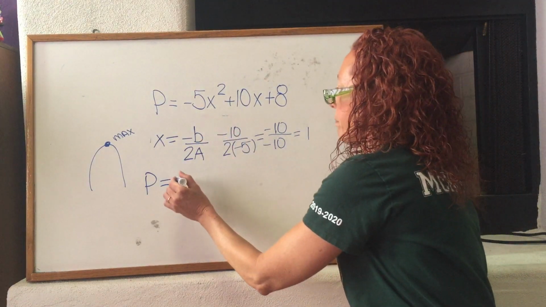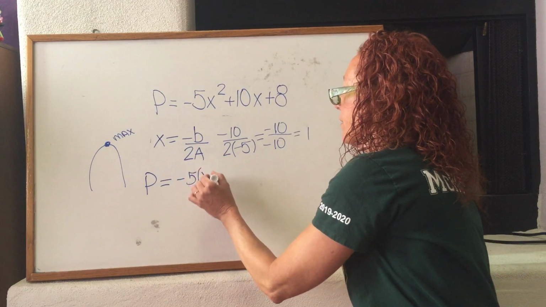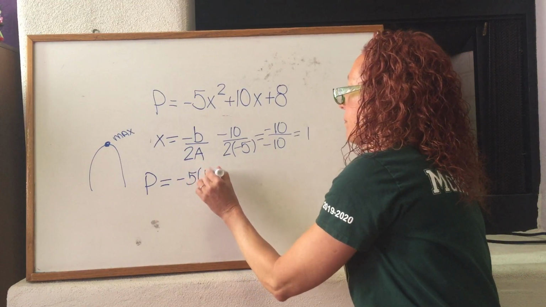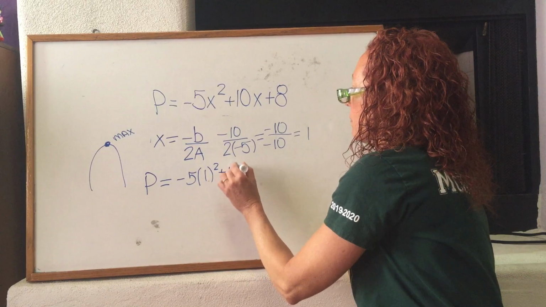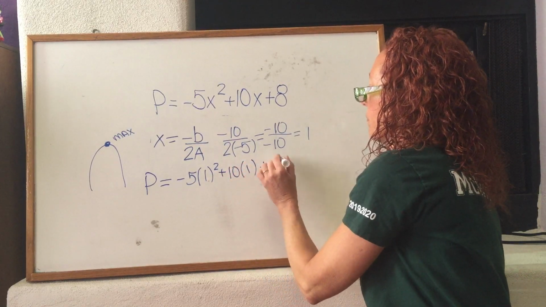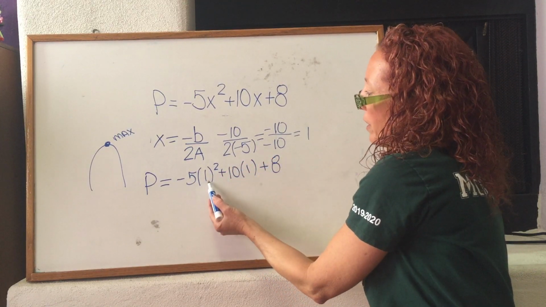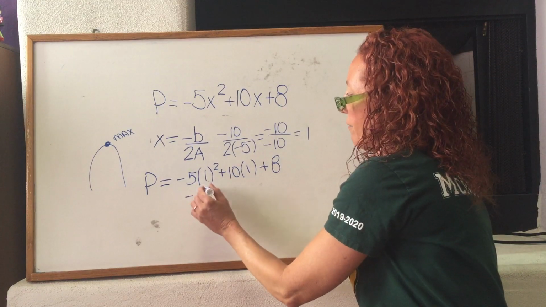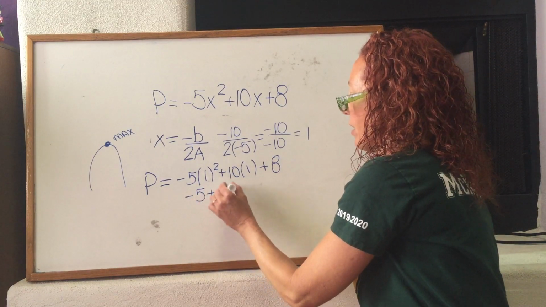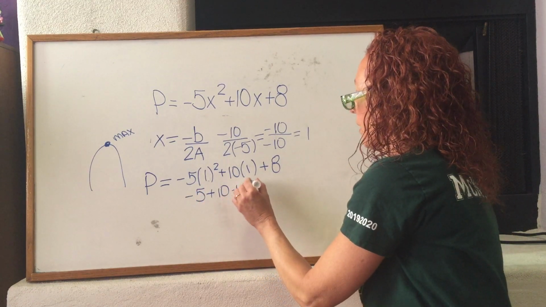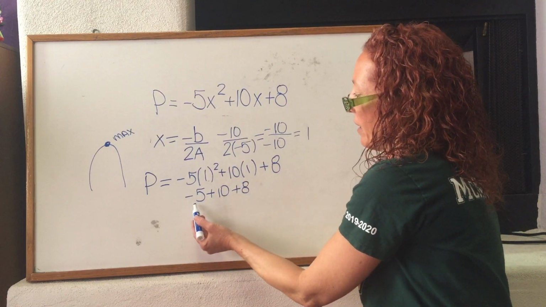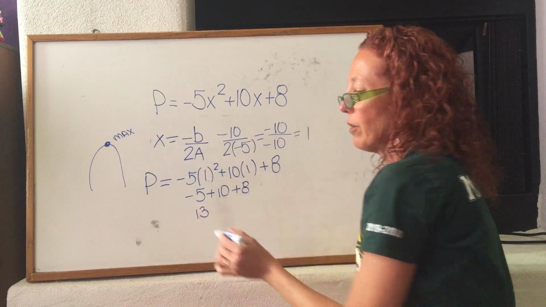If I plug 1 back into my function, 1 squared is 1, so this is going to be negative 5, plus 10 times 1 is 10, plus 8. And so 18 take away 5 is 13.